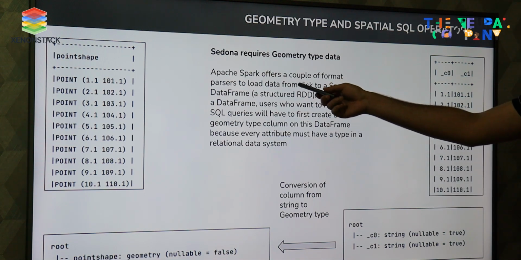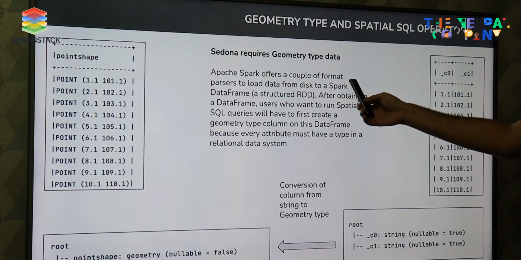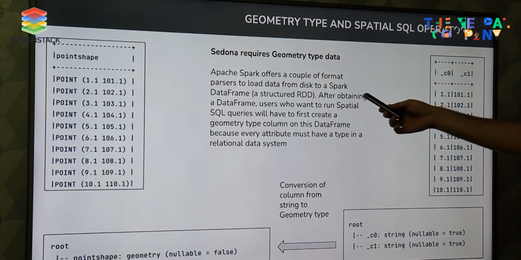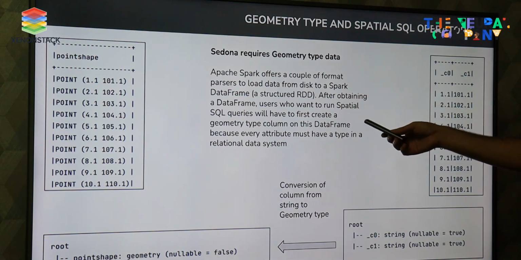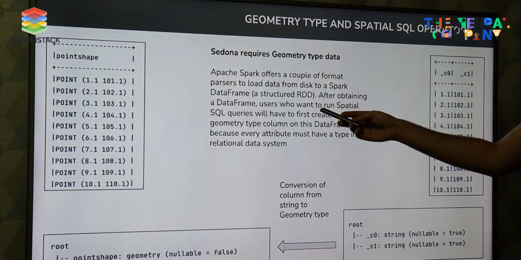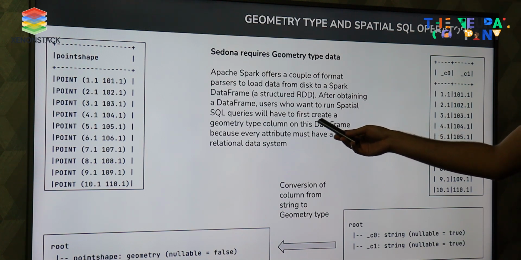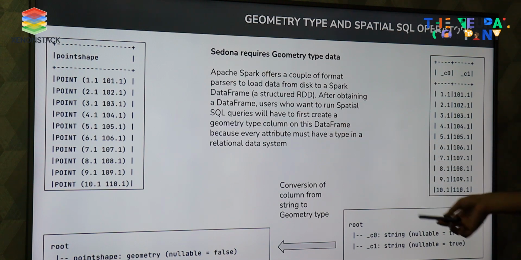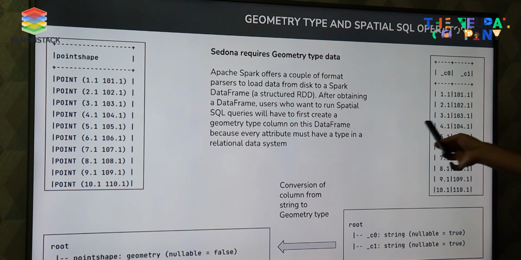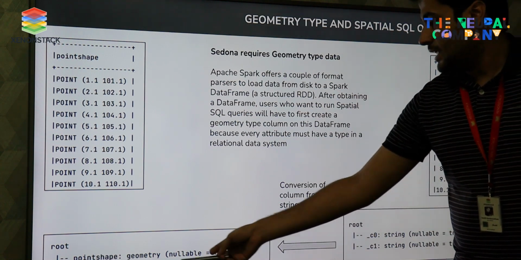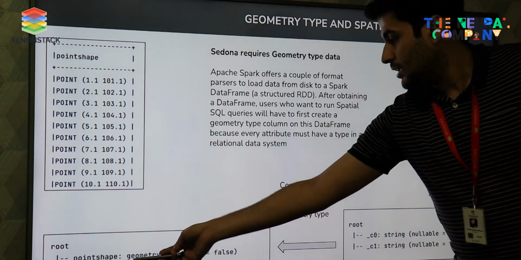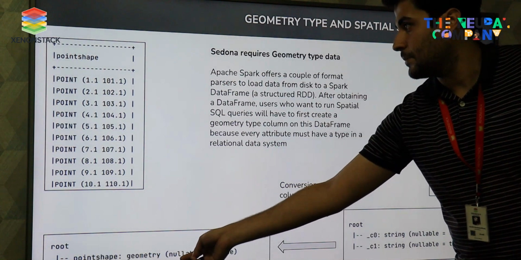Now, Apache Spark offers a couple of format parsers to load data from disk to a Spark data frame. After obtaining a data frame, a user who wants to run spatial SQL queries will have to first create a geometry type column. In this example, we can see that these two columns are of string type. Once that has been converted to geometry type, this is the type of the dataset. It is of geometry type.